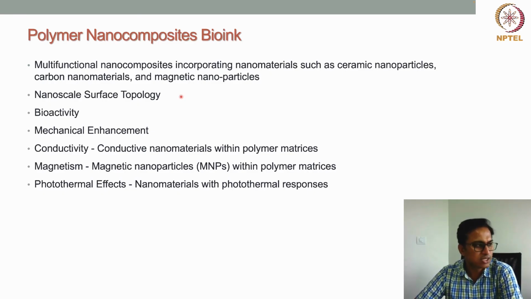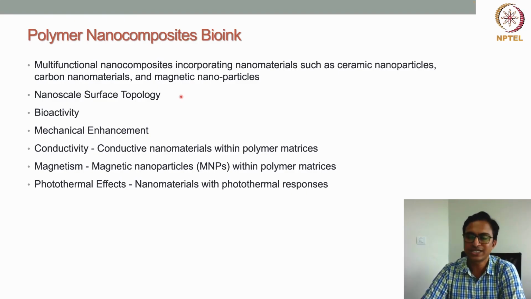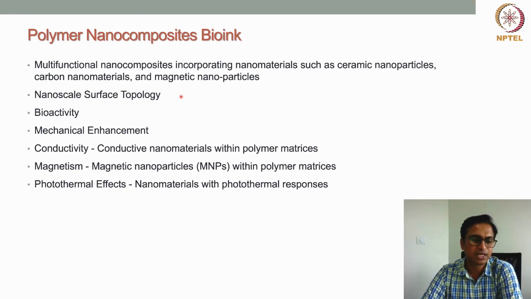The other thing is that the conductivity of the structure can be improved for certain innervated tissue engineering, because innervated tissue engineering needs conductive materials so that tissue building can be improved further. Conductive nanomaterials like graphene can be incorporated within a polymer matrix or hydrogel matrices and used to fabricate 3D structures.